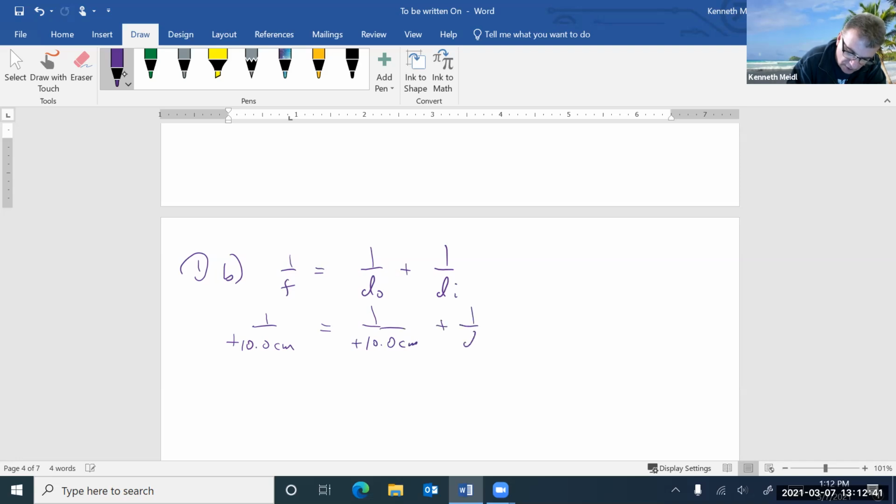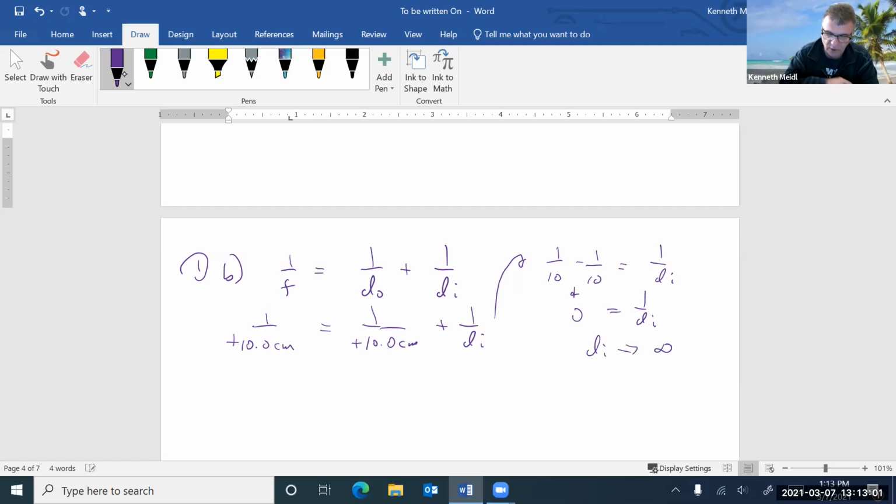And we are trying to predict exactly where that image is going to be located. And now, when I take this math up here and I have really 1/10 minus 1/10 equals 1 over di, this is a 0. And so the image distance needs to really be at an infinite distance away here. And so there is no image being formed. There's really no mathematics that gives us any sort of precision here.